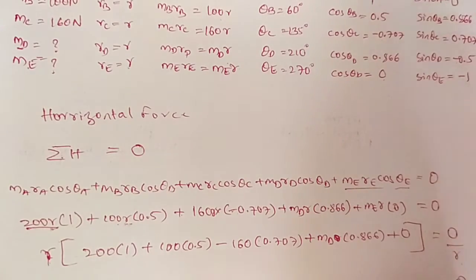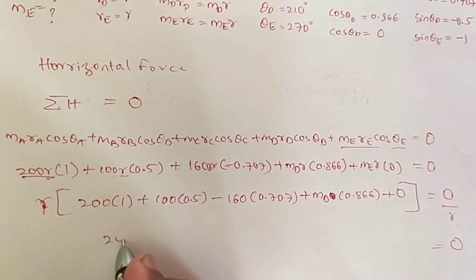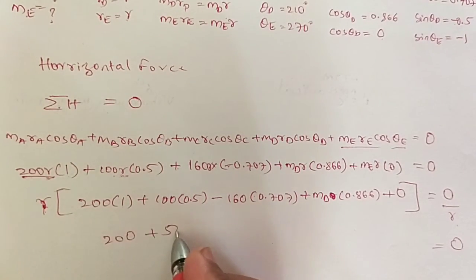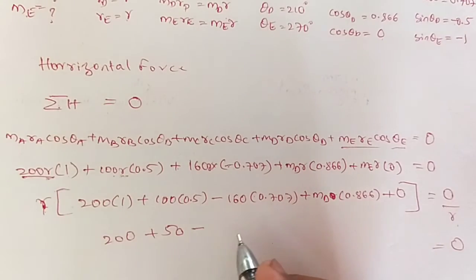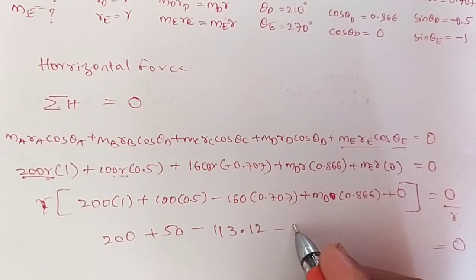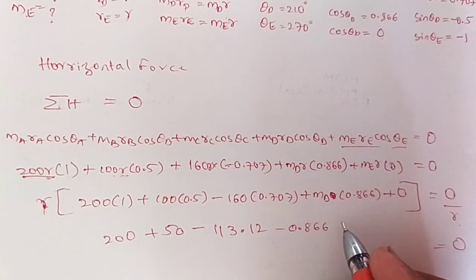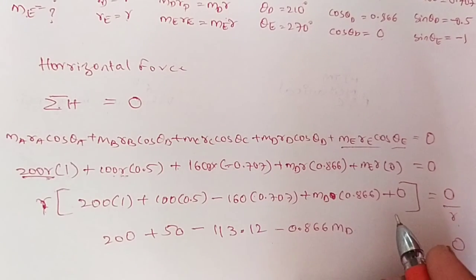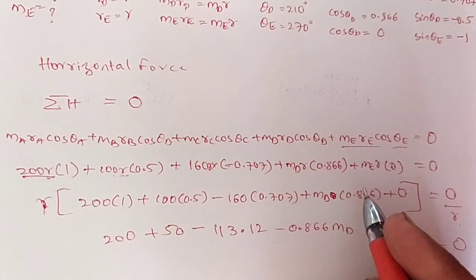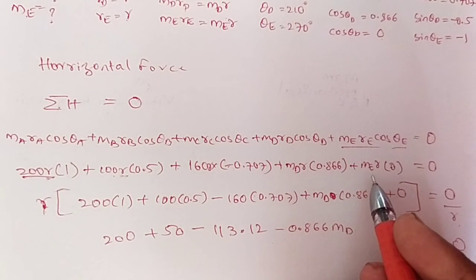So this will be 200 plus 50 minus 160 into 0.707, which is 113.12, and then 0.866 MD. It is minus 0.866.